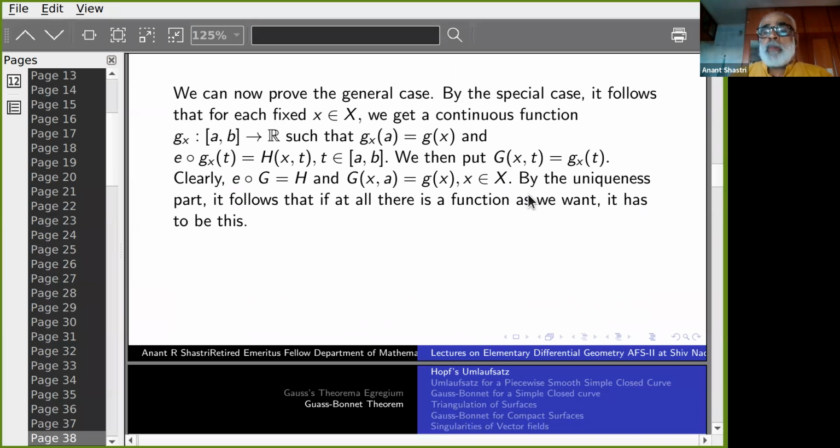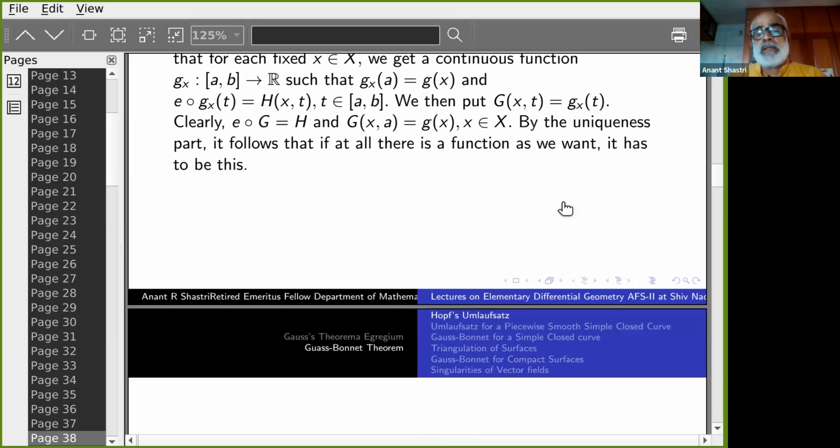Okay, so pointwise we have defined a function on the intervals. So on the whole of X cross [a,b], I have to show that it is continuous. Let us see how we prove this continuity.